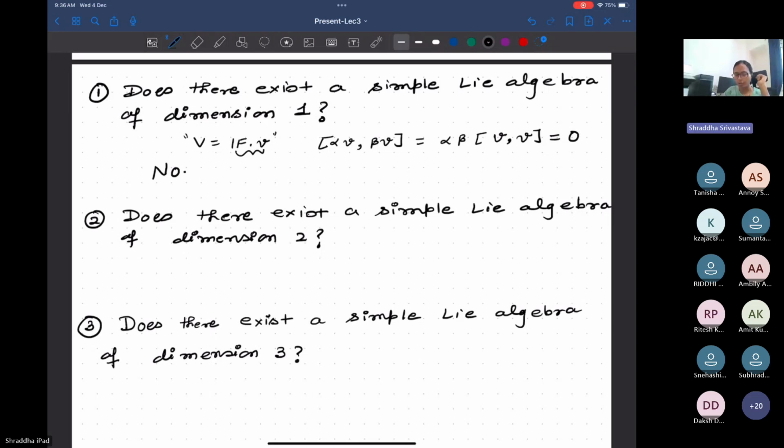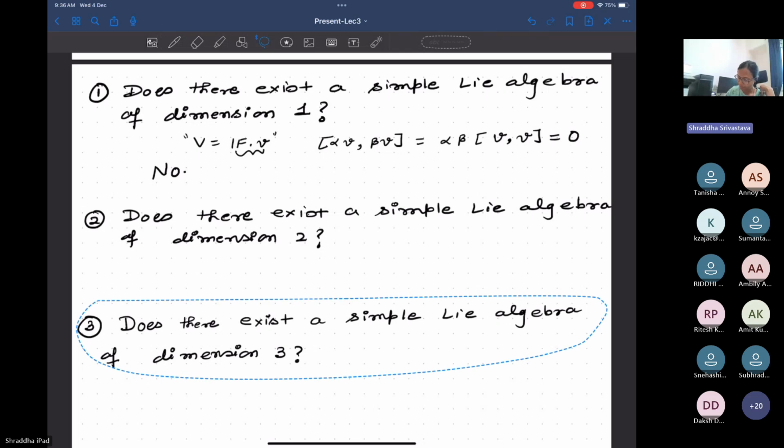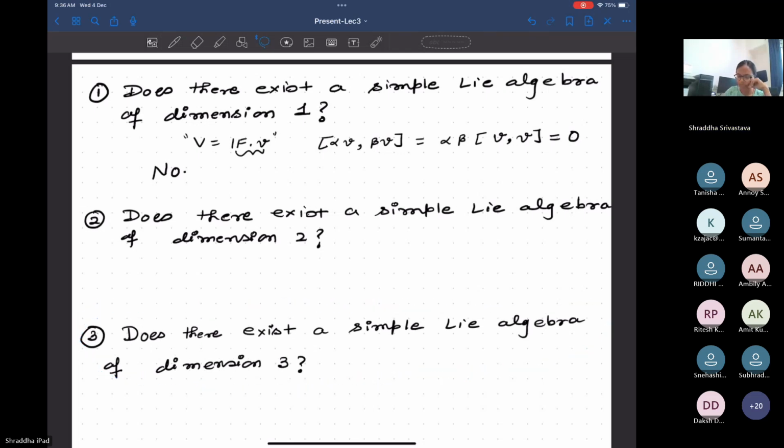Okay, so after dimension 1, we can move on to dimension 2. Is there a simple Lie algebra of dimension 2? How will you start? You can start playing, just like here: take a vector space, take two vectors and see what the possible things are.